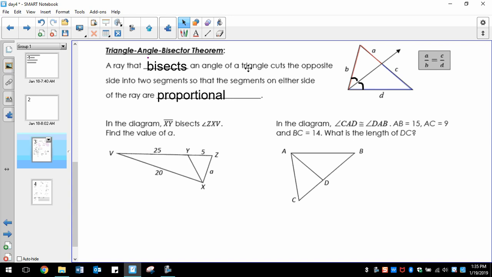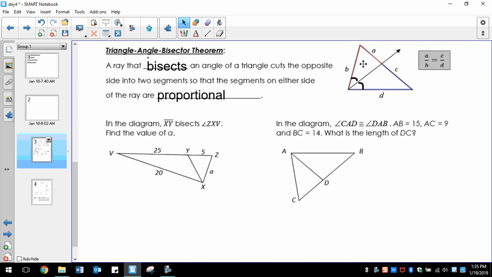But in this particular scenario, and it works for every triangle, if you draw an angle bisector out like this, the side segments on one side of the bisector stacked as a ratio are congruent to these segments on the other side of the angle bisector stacked as a ratio. So these two as a fraction equal these two as a fraction.